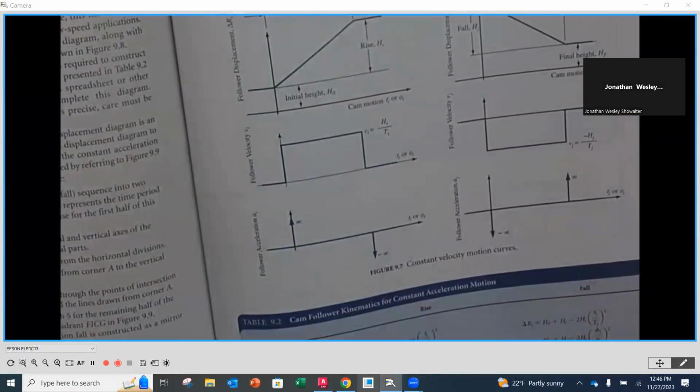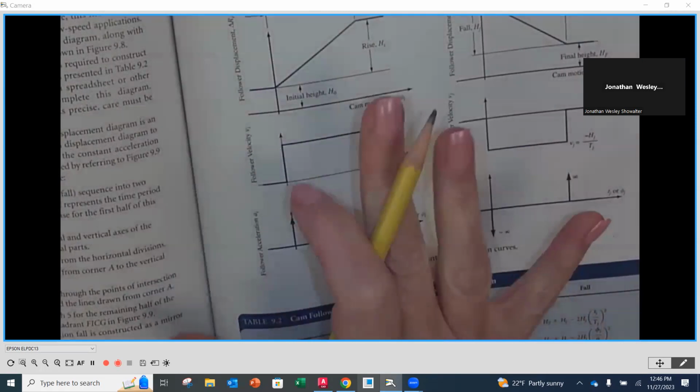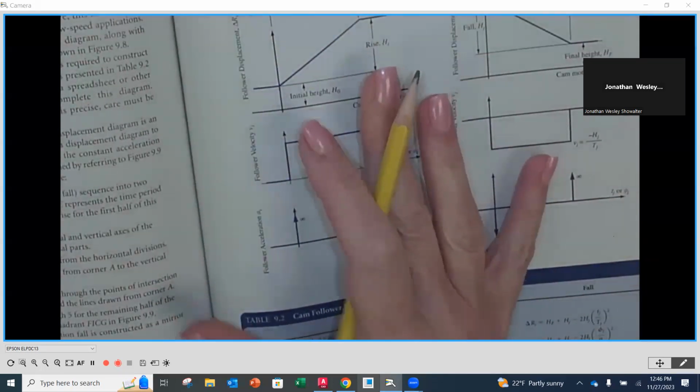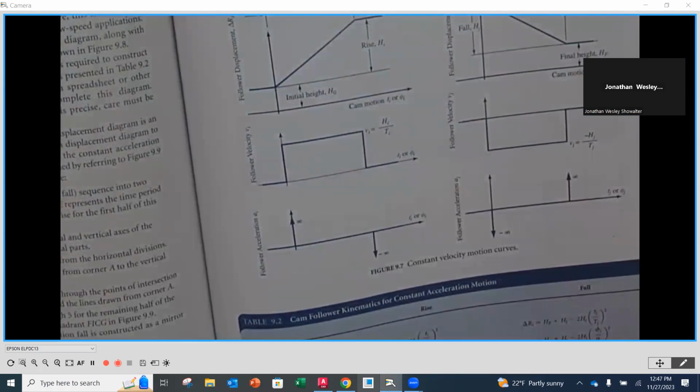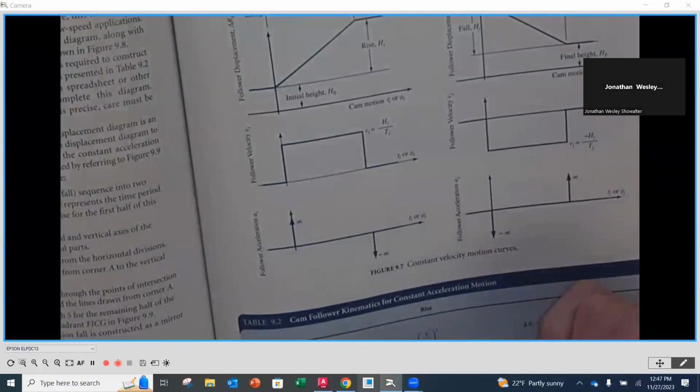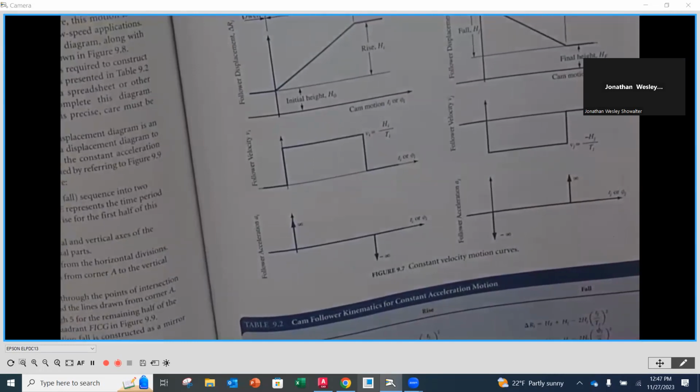I mean, truly, when you turn something on, there has to be a little bit of a speed up there. It's not instantaneous, but in theory, that's exactly how it's designed, okay? Not used very often, but for low speeds, okay? Something that you can be sure that even if it is going to be on right away, it's not going to cause a jerkiness where something's going to come out of contact with the profile of the actual cam itself.